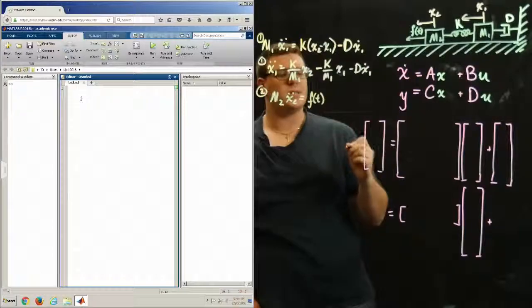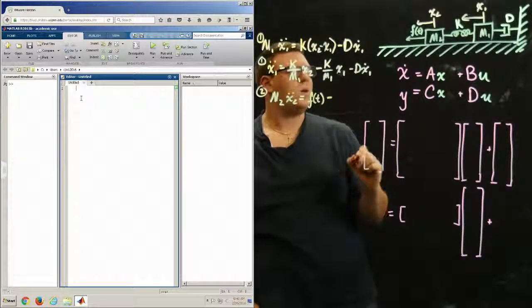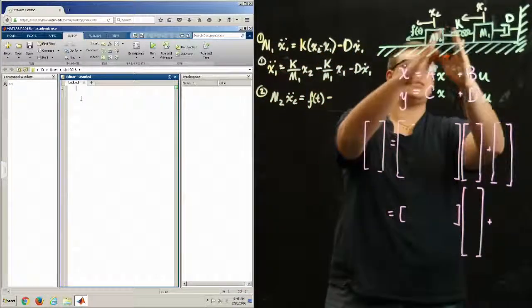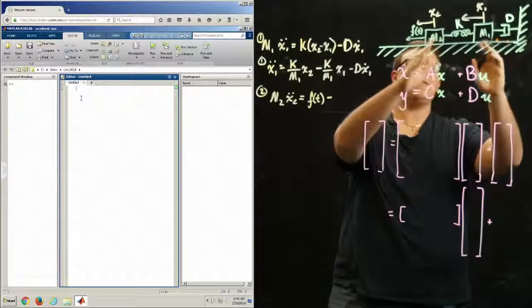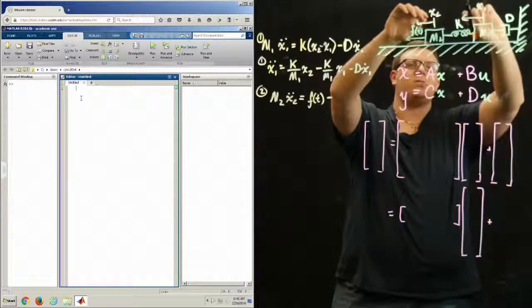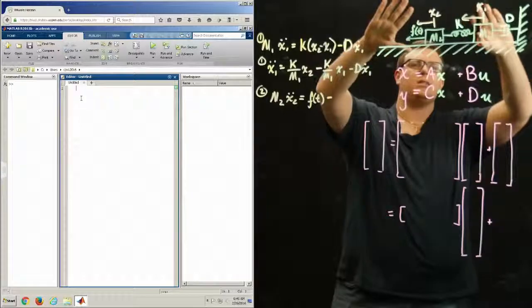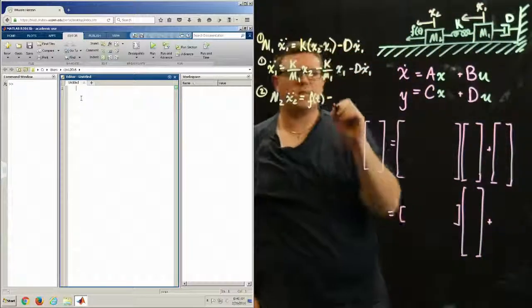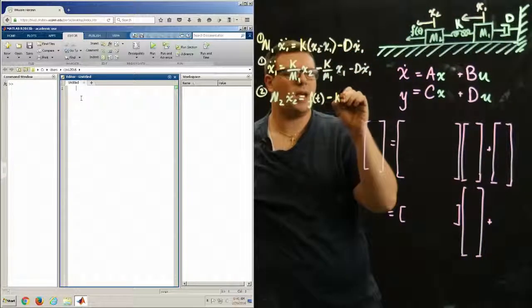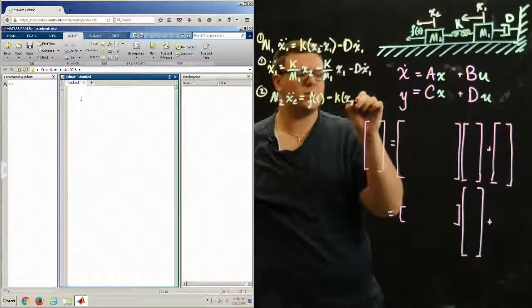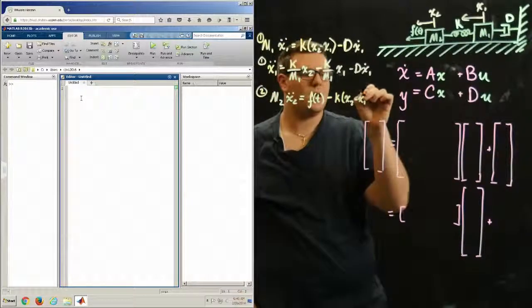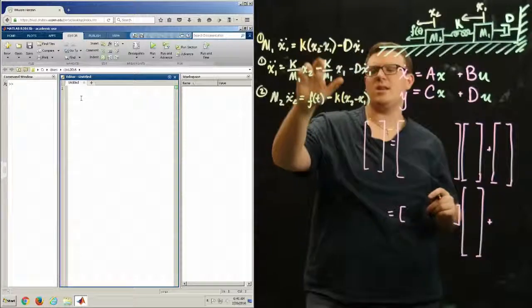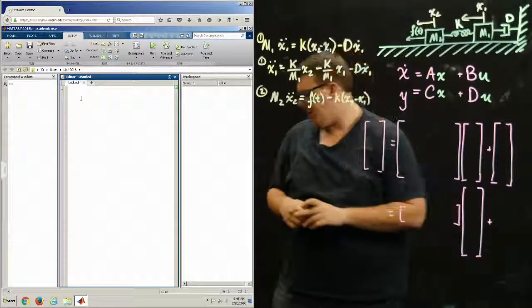Then in the opposite direction, we have k pulling us to the right, the difference between how much x1 has moved and x2. So we get the same force here, k times x2 minus x1. And so you'll see it's just the negative of the term here.